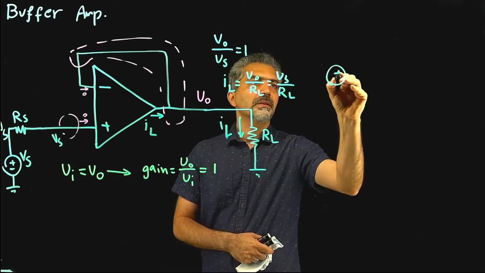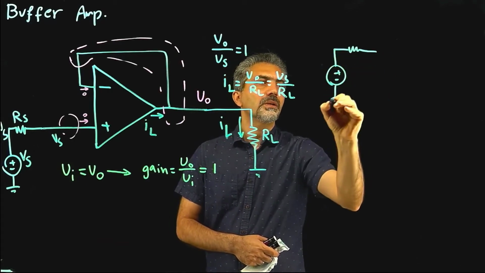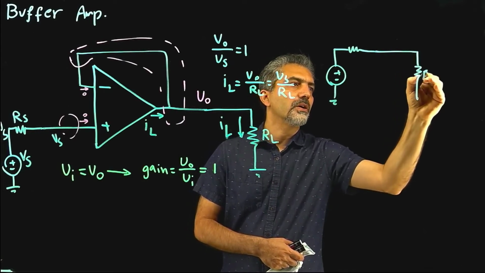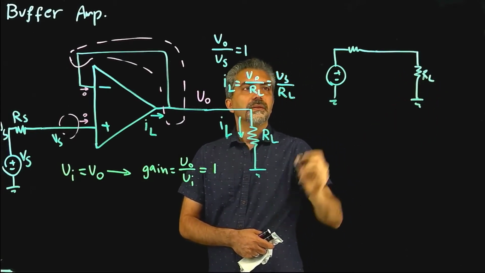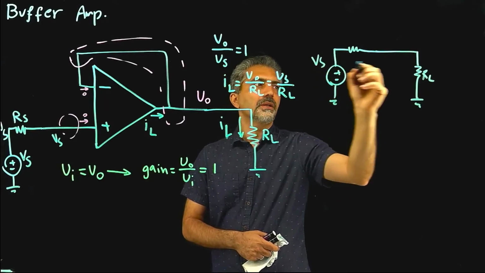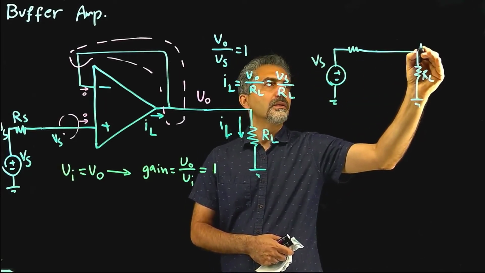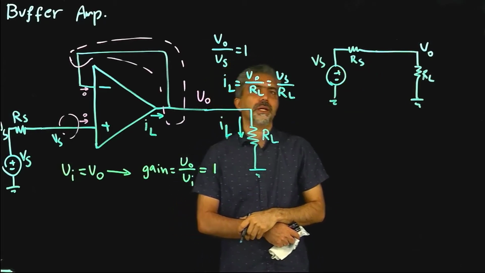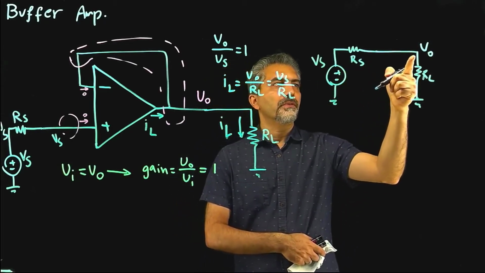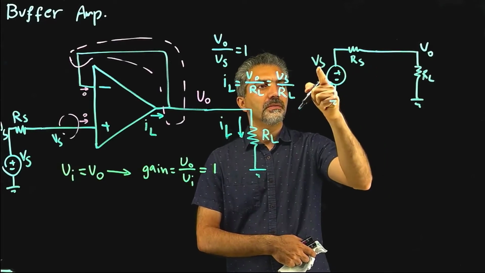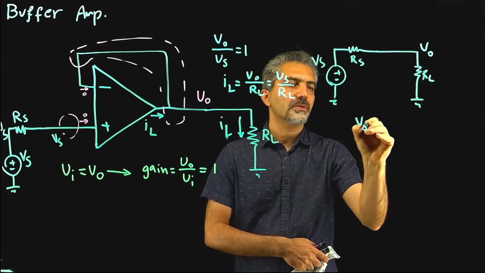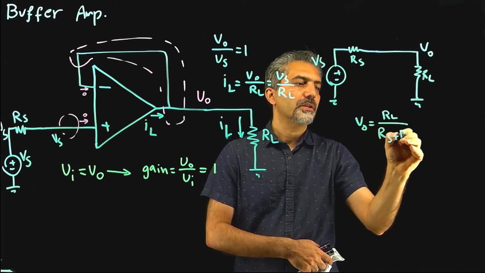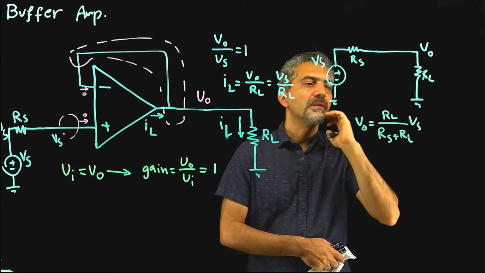So if I remove that and I have the same source, no amplifier, and then connect it to RL, this is a very simple circuit that you can easily analyze, right? V out is a voltage divider over Vs. So V out is equal to RL over RS plus RL times Vs.